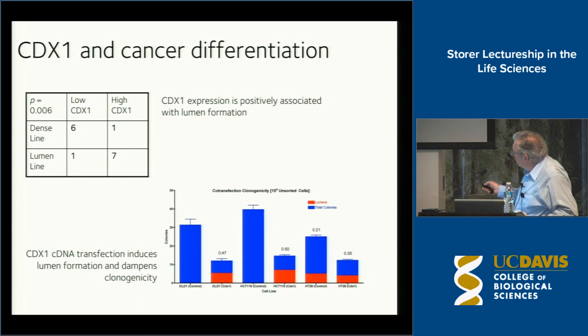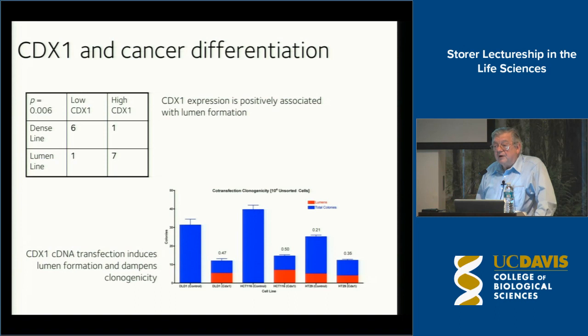If you take a cell line like HCT116, which doesn't form lumens, or DLD1, which doesn't, and put in CDX1 by transfection, the cDNA, then you start getting formation of lumens, which really shows that that process is to a large extent at least dependent on CDX1, even if that's not the only factor required.